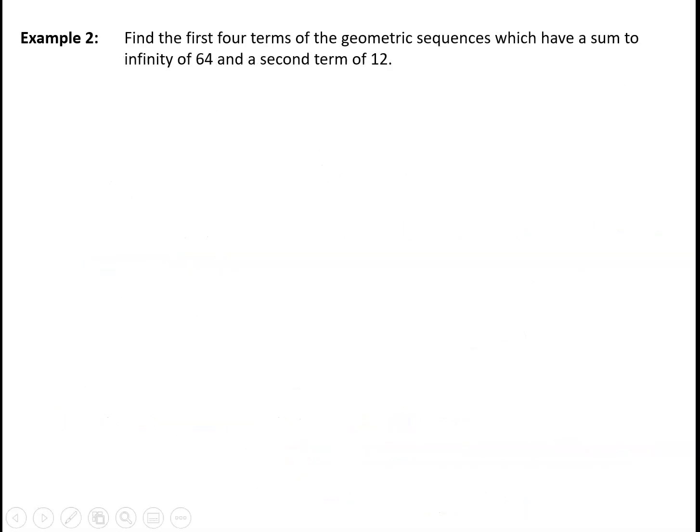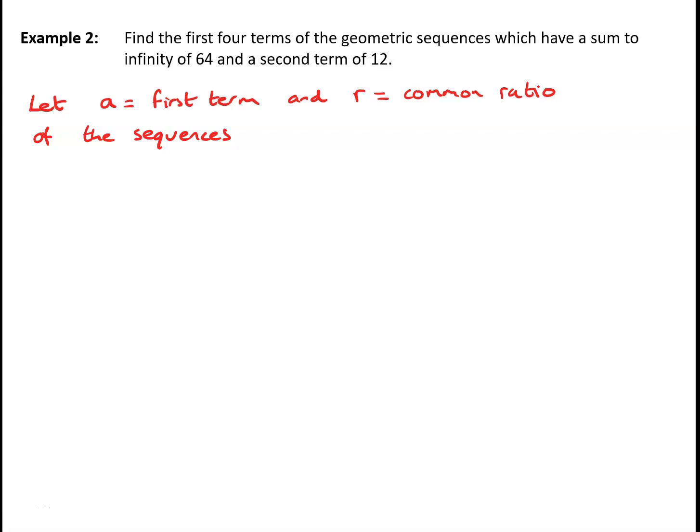Moving on to our second example, we've got to find the first 4 terms of the geometric sequence which has a sum to infinity of 64 and a second term of 12. We know that the sum to infinity of a geometric sequence is a over 1 minus r, so I know that a over 1 minus r has to equal 64.